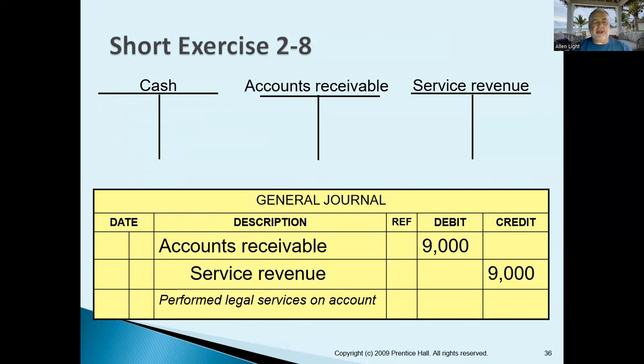We performed legal services on account, which means we earned the 9,000. So there's revenue, but we haven't been paid for it yet. So that's receivable. We're going to add to receivable with a debit, add to revenue with a credit. So here's how that's going to look.